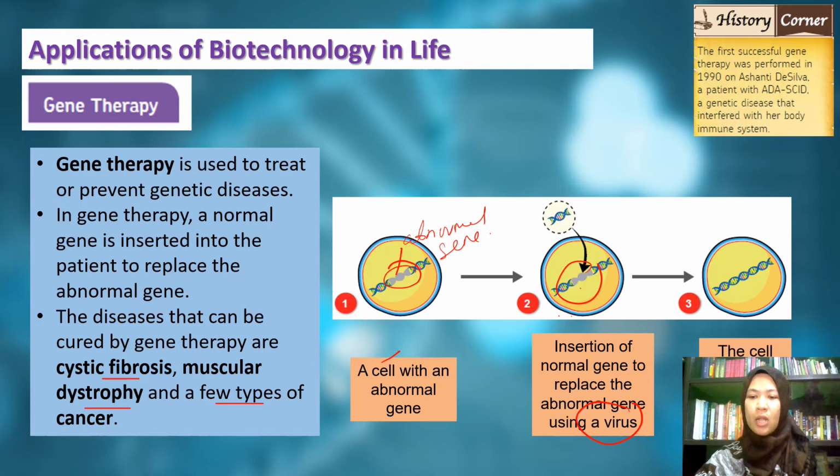So now the cell perform normal function. Okay, so the first successful gene therapy was performed in 1990. A patient with ADA-SCID, a genetic disease that interfered with her body immune system.